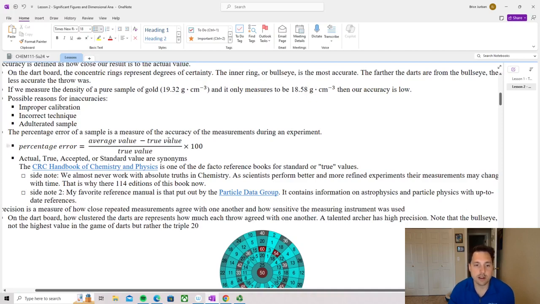And then we can subtract the true value, which in this case would be 19.32, divide it by 19.32, and then multiply it by 100. And that would give us our percentage error.